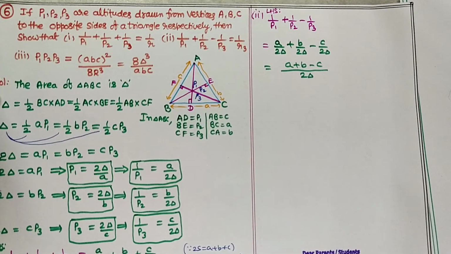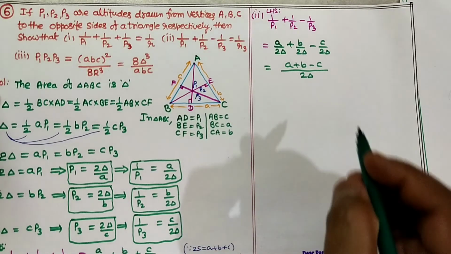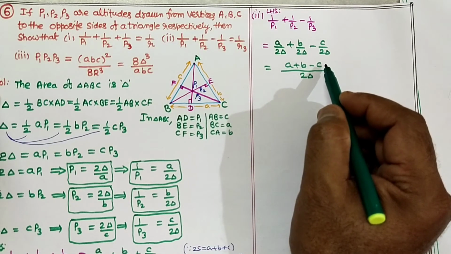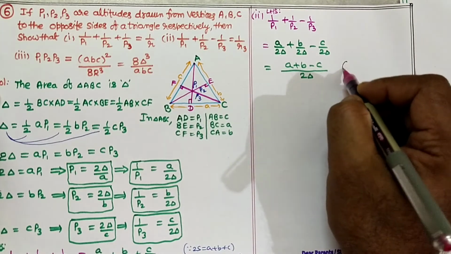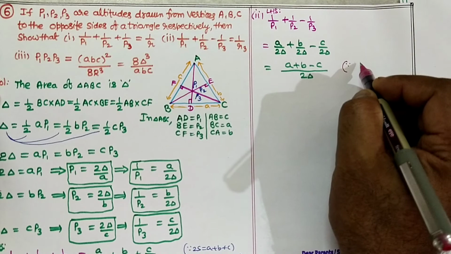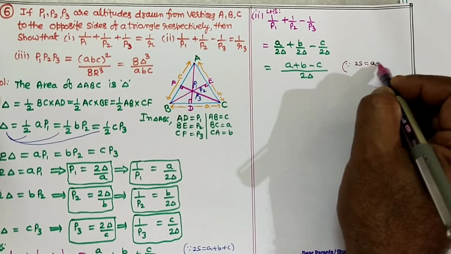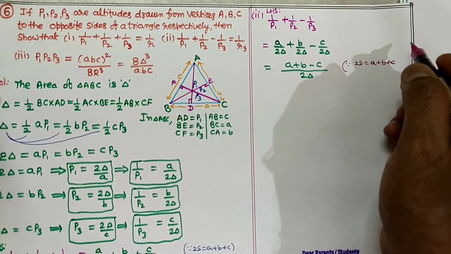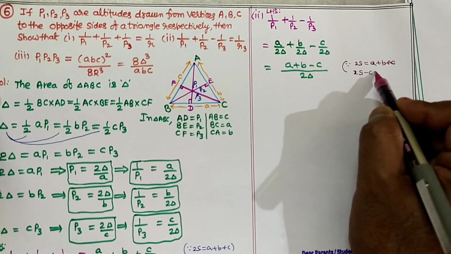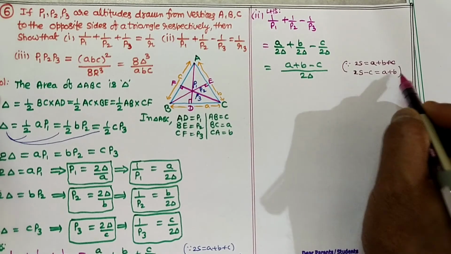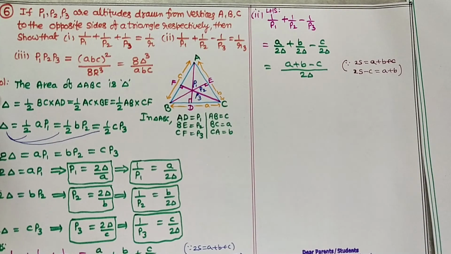After that, what we have to do is add and subtract to get the 2S value here. Otherwise, it's very simple. We know that 2S is equal to A plus B plus C. From that, make A plus B the subject: 2S minus C is equal to A plus B. This result you have to substitute.